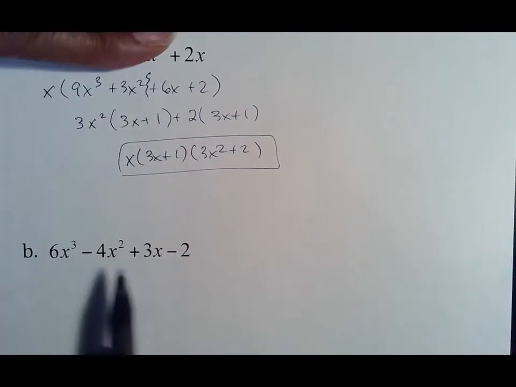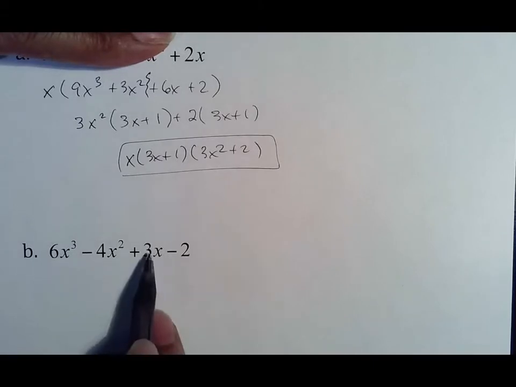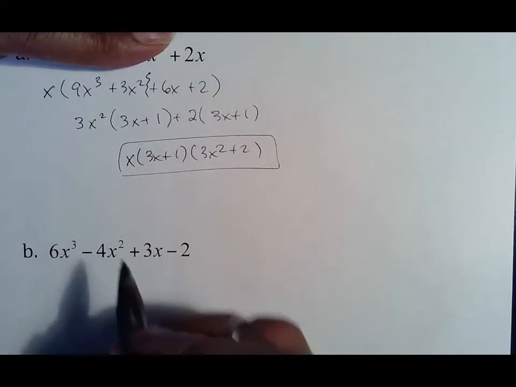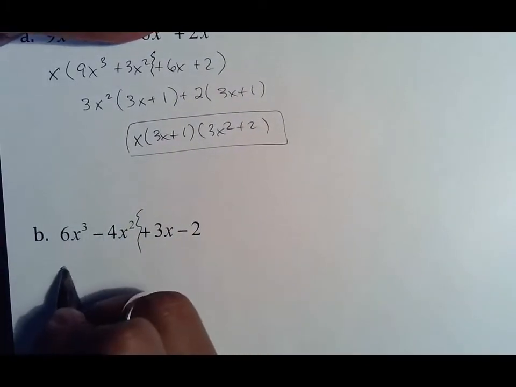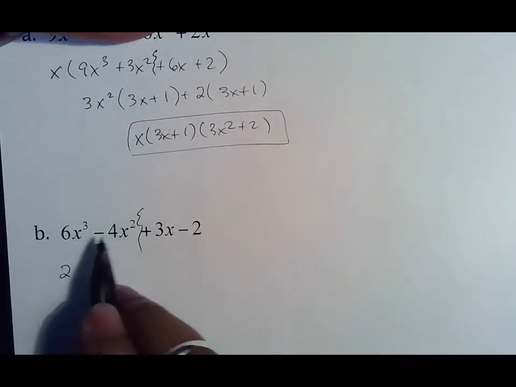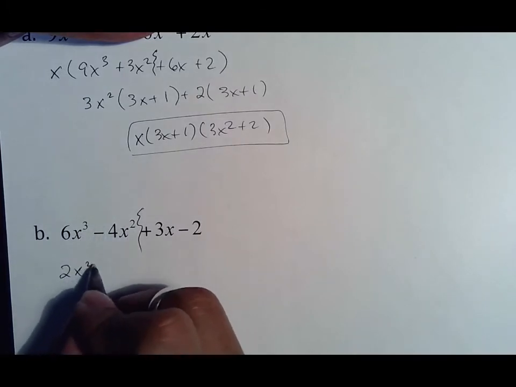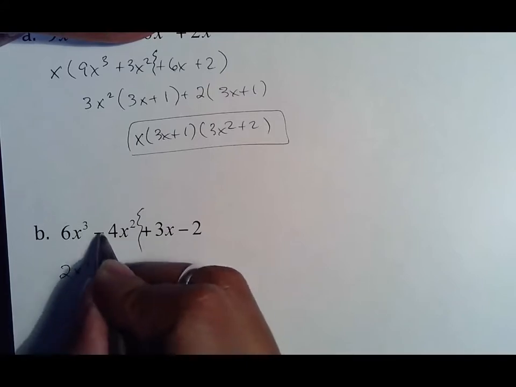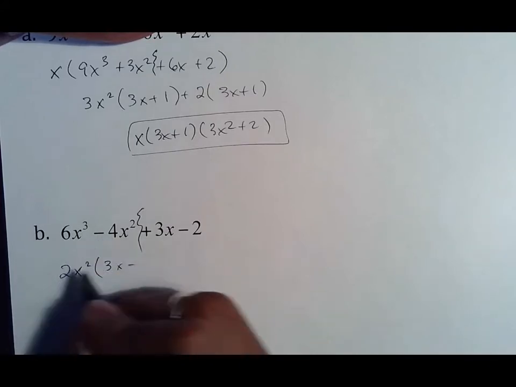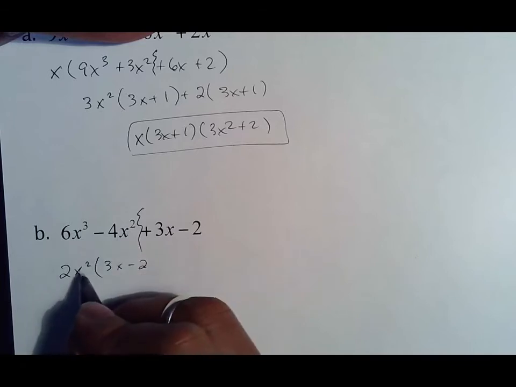Once again, looking at this, 6, 4, 3, 2 has nothing in common. That's good. They don't have any x's. Let's split it down the middle. 6 and 4 can both be divided by 2. 3 x's, 2 x's, which means we can pull off 2. 6 divided by 2 is 3. 3 minus 2 is 1. Copy the sign. 4 divided by 2 is 2. 2 x's, took 2 off.